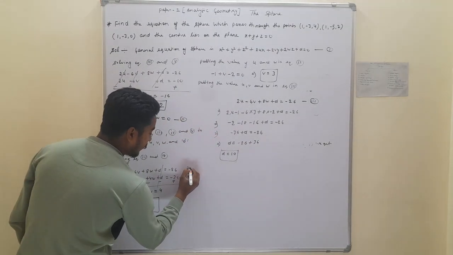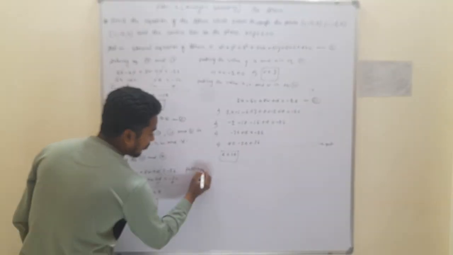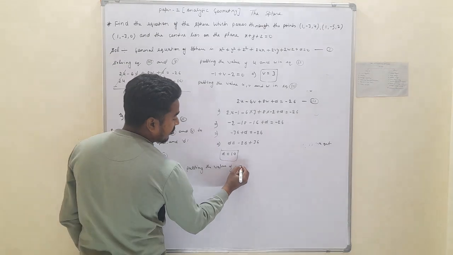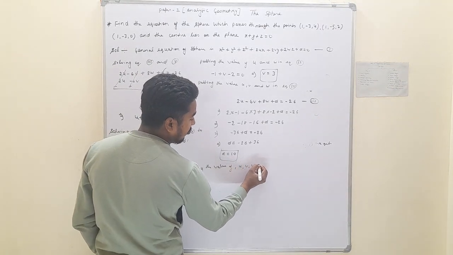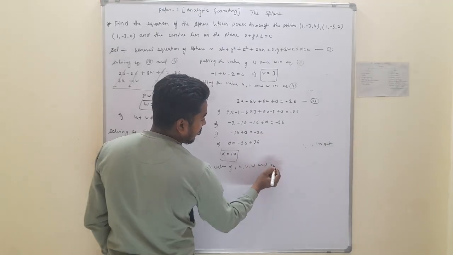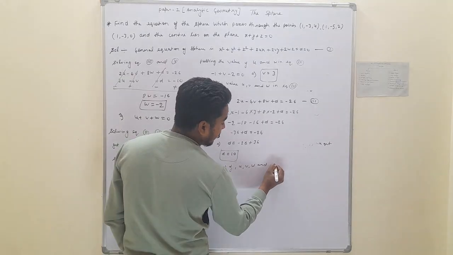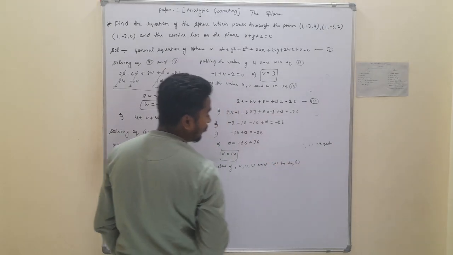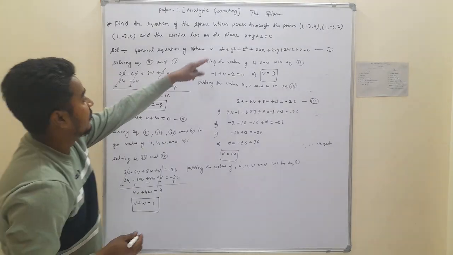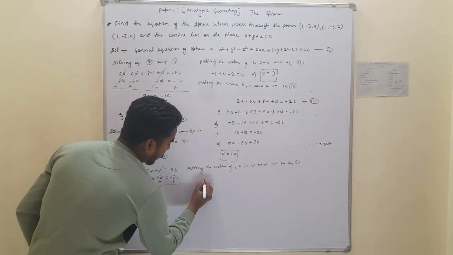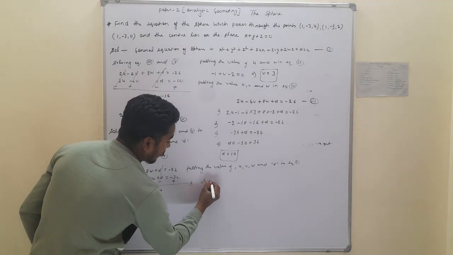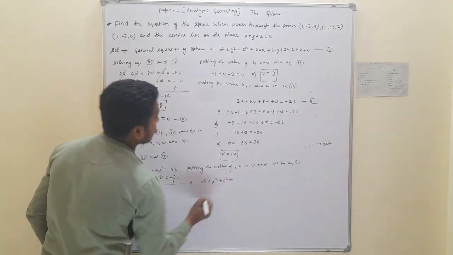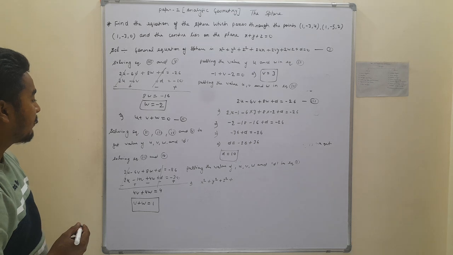Putting the values of u, v, w and d in equation 1, we get the required equation of a sphere. Here this is x square plus y square plus z square plus 2ux.